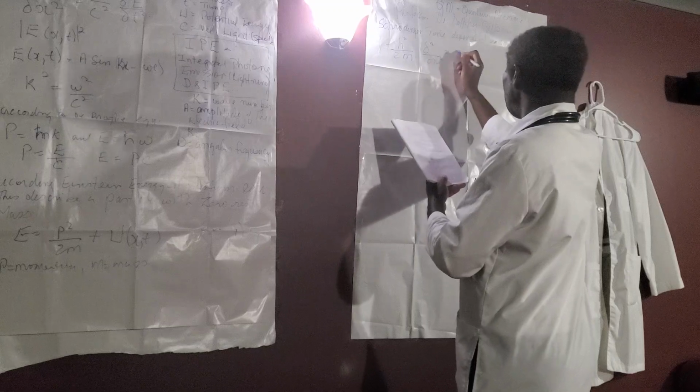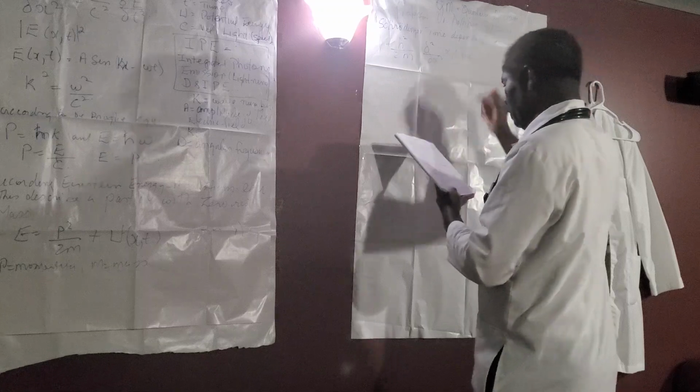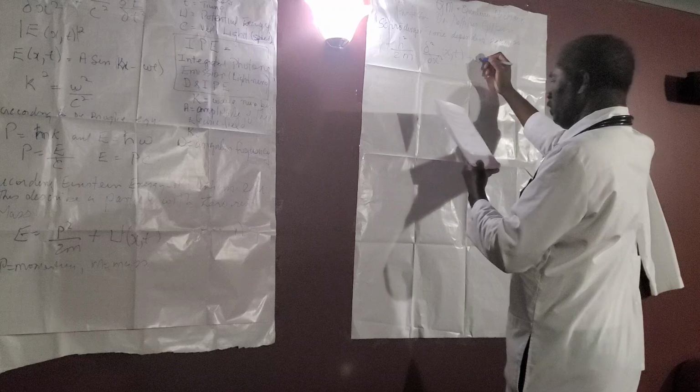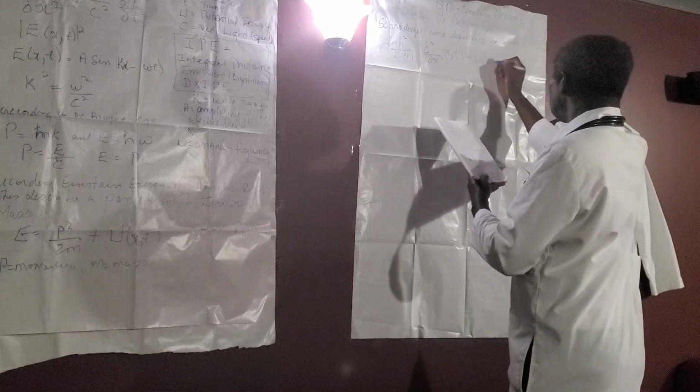Usually h is Planck's constant, but let me see what it is defined as here. And m is mass, partial square by partial x squared, psi of x and t, plus now the potential energy, U of x and t.